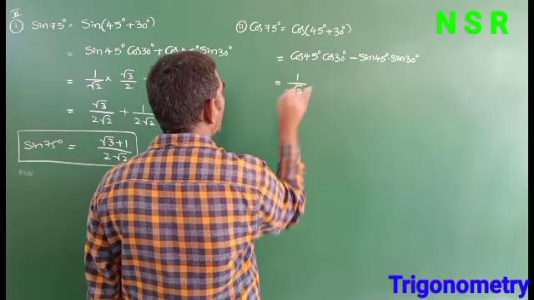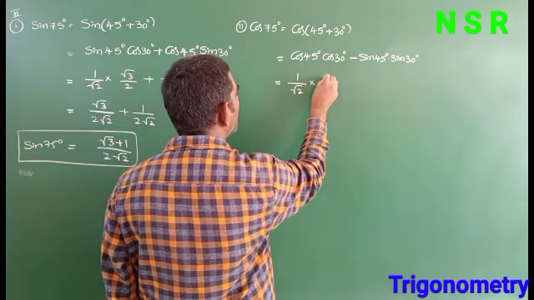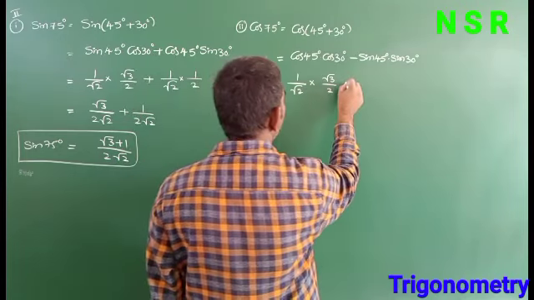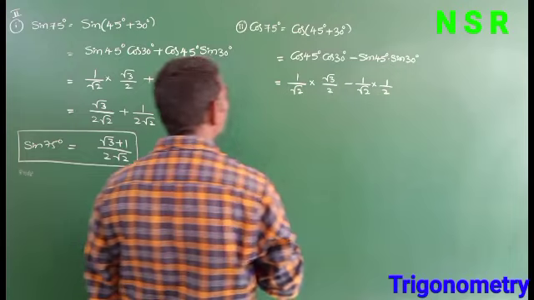So we can write cos 45 is 1 by root 2, cos 30 is root 3 by 2, and here sin 45 is 1 by root 2, sin 30 is 1 by 2.